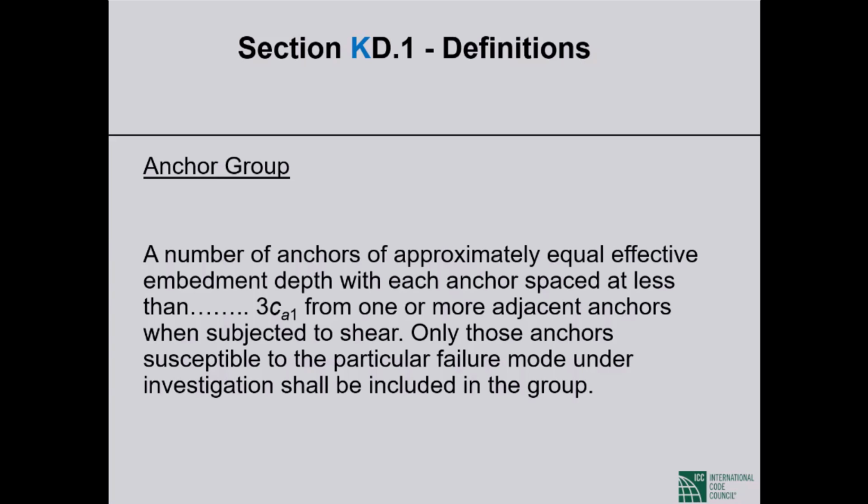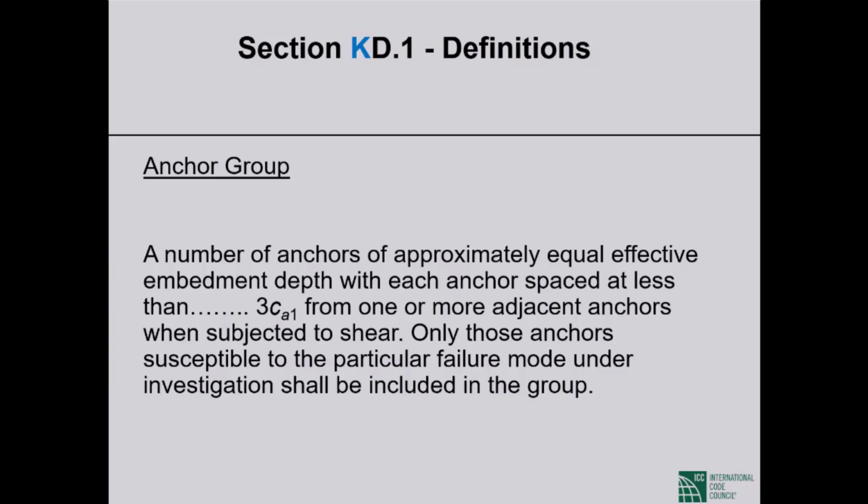When we were talking about tension, C sub A1 was the shorter edge distance, C sub A2 was the larger edge distance. When we are talking about anchors subject to shear, C sub A1 always by definition is the edge distance in the direction of shear. C sub A2 is perpendicular to the direction of shear. This is very, very important.